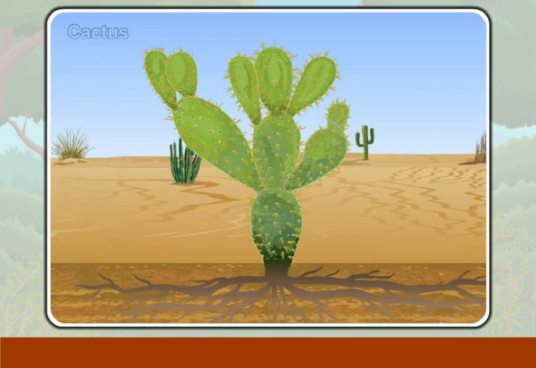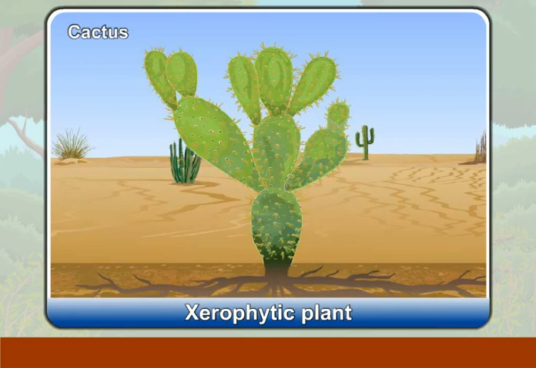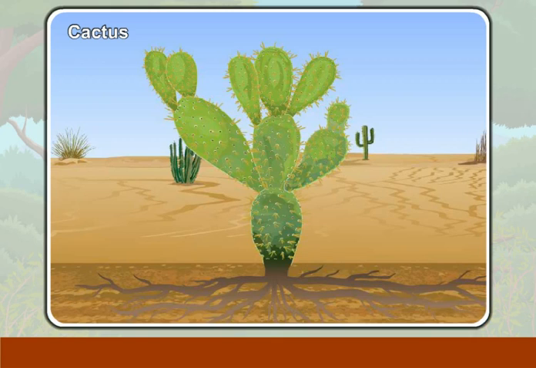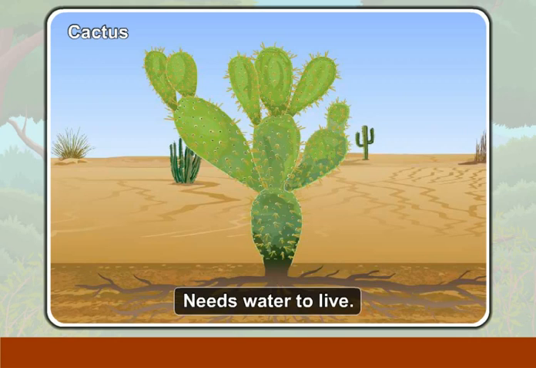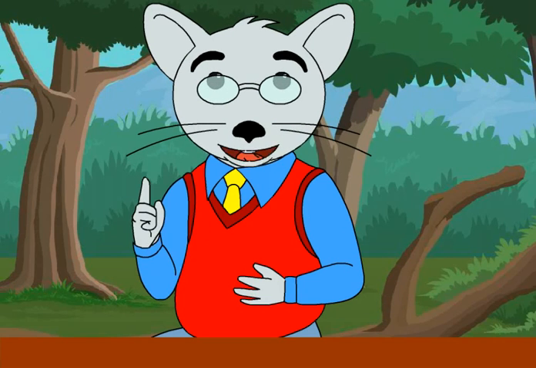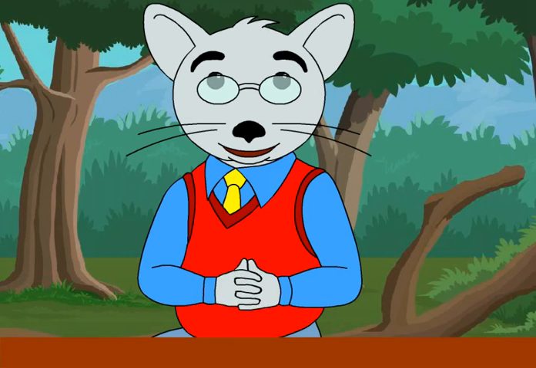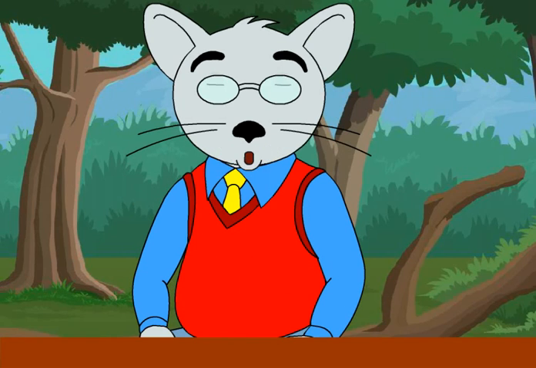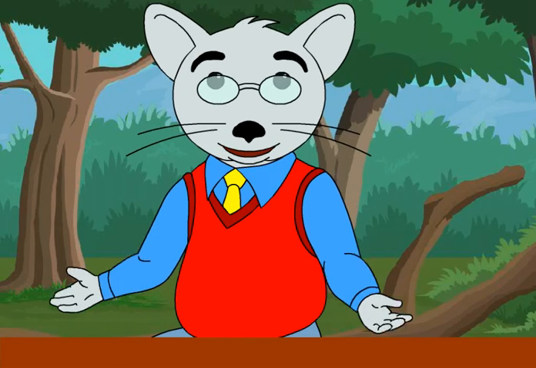This is a cactus. A cactus is a xerophytic plant. Like other plants, the cactus also needs water to live. But there is very little rainfall in the desert, and sometimes no rainfall at all.